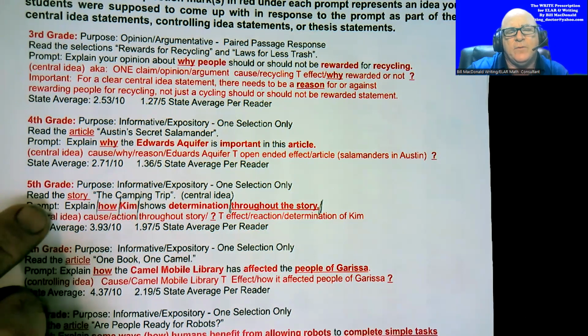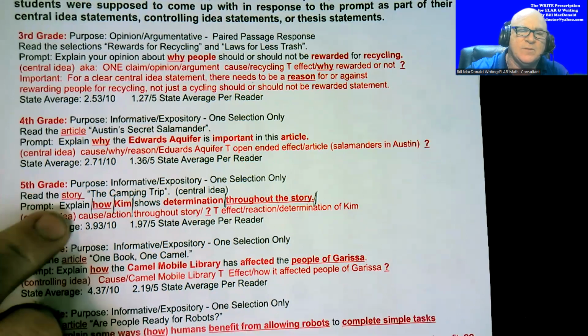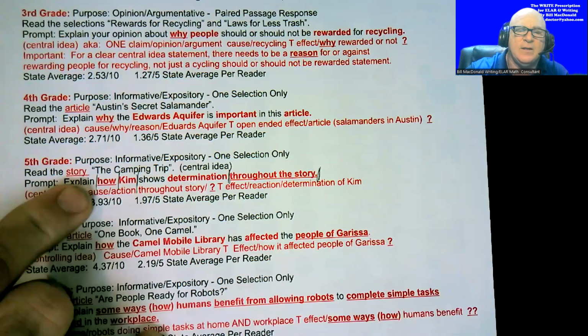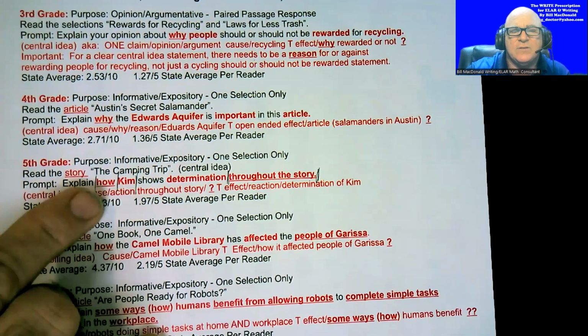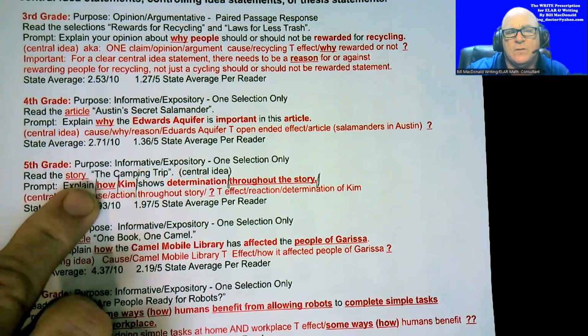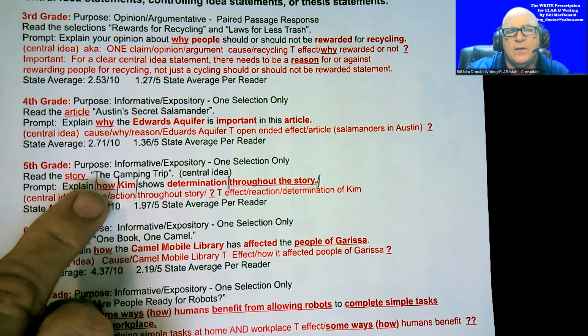So our fifth grade one that got 91,489 double zeros from two readers, and about 25% of the entire fifth grade had these specific words. When your kids went to the word explain and separated it into sections that they could understand, explain is the prompt cue.